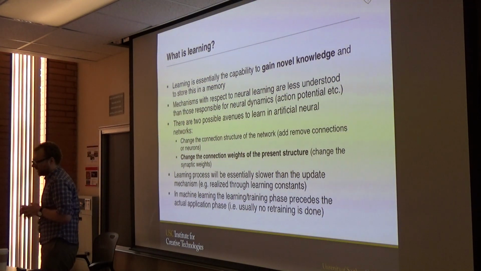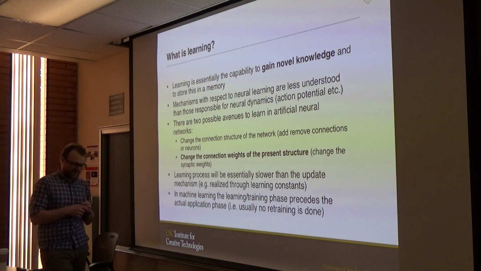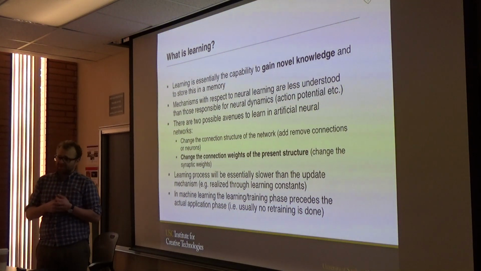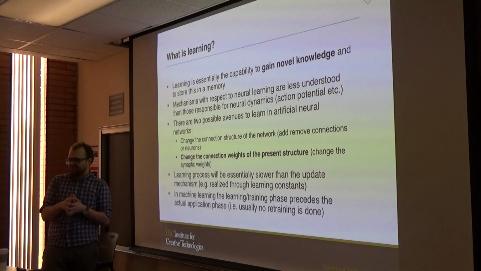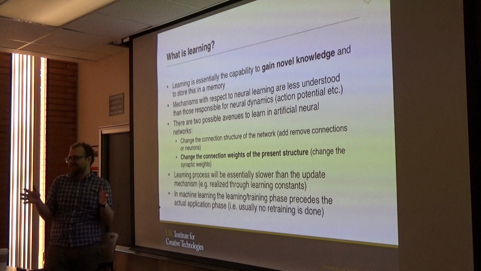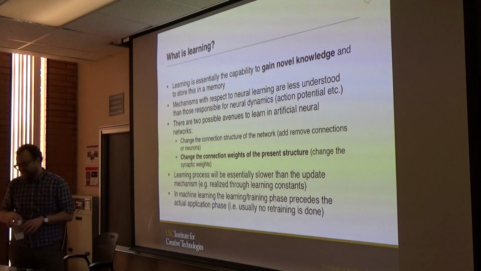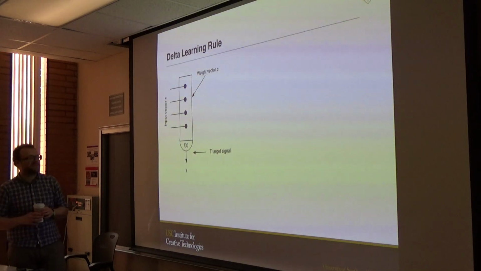That's just a hint at the nonparametric method that we discussed, the k-nearest neighbor method, where no training has been done until the application phase, because it's a lazy classifier that never gets trained, and these get trained before you apply them. Okay, so let's look at how we do this in a simple architecture.